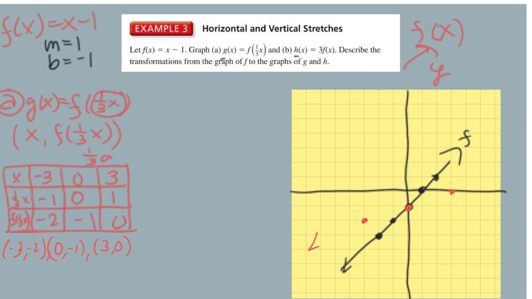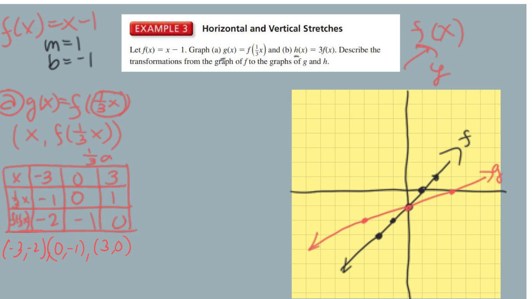So our line for g is going to be over here. So what did we do here? We had a horizontal what? A, that's 1/3, right?